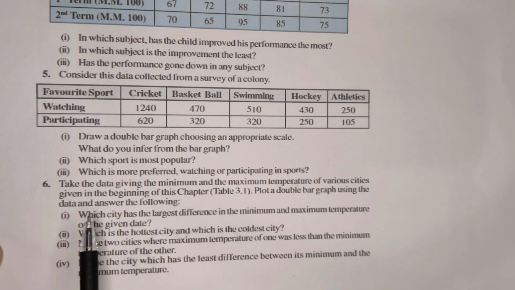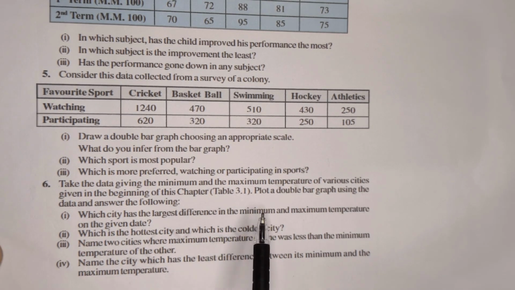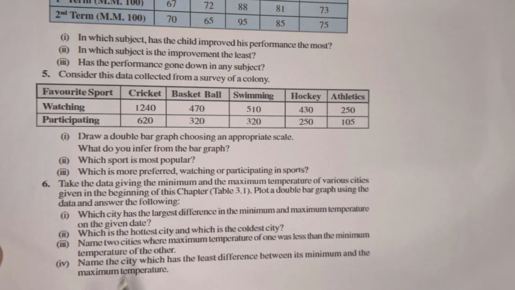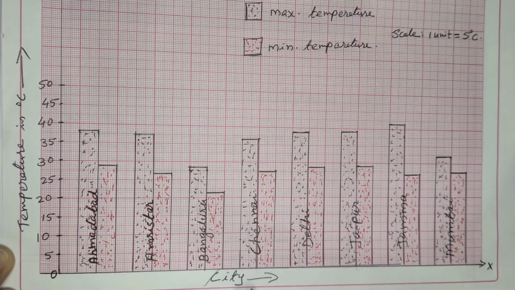Question number 6. Take the data giving the minimum and maximum temperature of various cities given in the beginning of this chapter, table 3.1. Plot double bar graph using the data and answer the following. First we have to draw double bar graph based on that table. This double bar graph representing temperature of different cities.